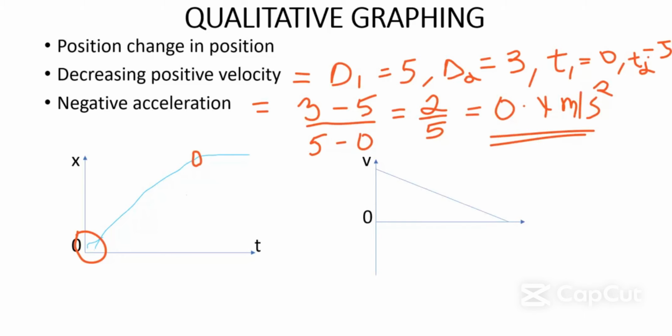If the displacement was at 3 and it finalized at 5, so this would be an increase. So this is negative 3. This is a negative value. Negative 0.4 meters per second squared, because there's a negative change in the acceleration.